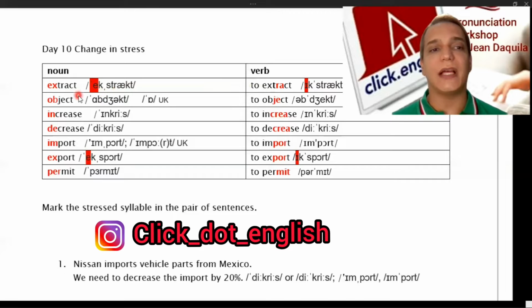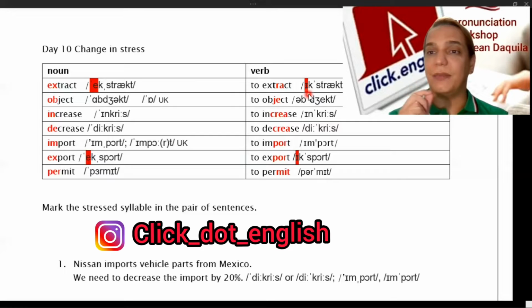What can we realize when the stress is the noun? I pronounce like in bed. Okay, but when the stress, when it's a verb, is not on the first syllable, it changes to e. So because the stress is not here anymore, my syllable gets weaker. So instead of eh, I will have e, e.